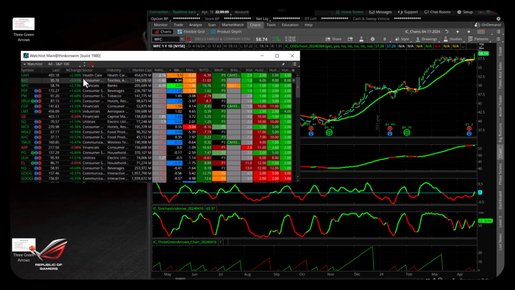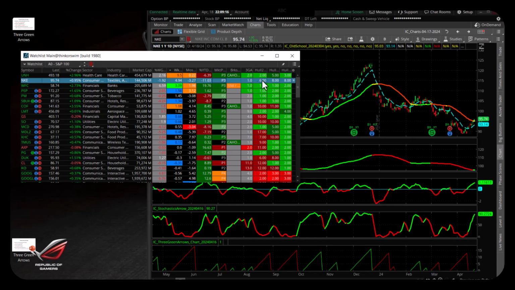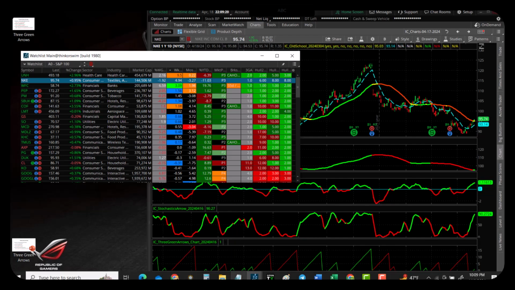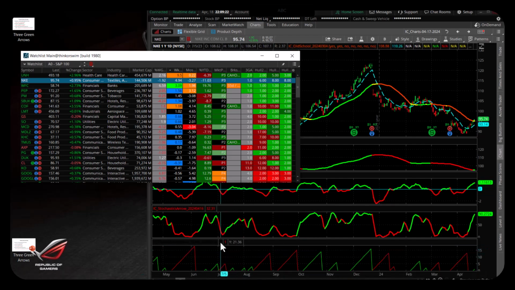If you look here and we click on Nike, let's pick Nike right here, it shows that we have one green arrow right now, and if you come down here and look at the chart in this little box, you can see where it says 1, and we see this little bitty sliver of a 1 here.